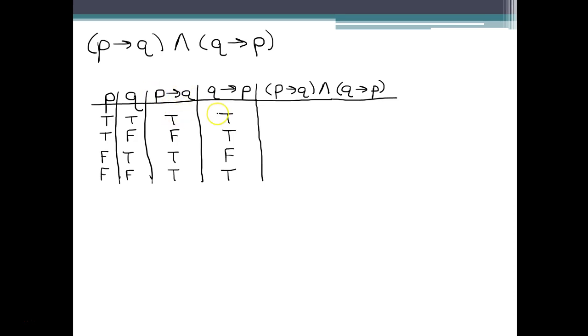So we got true and true, that's true. False and true, that's false. True and false, that's false. True and true is true. So there's my answer column right there. And this statement is a conjunction.